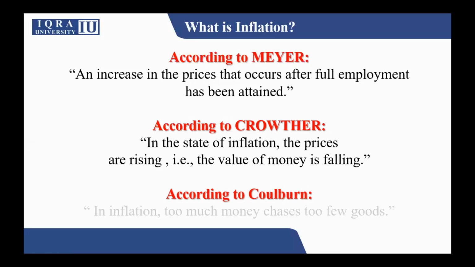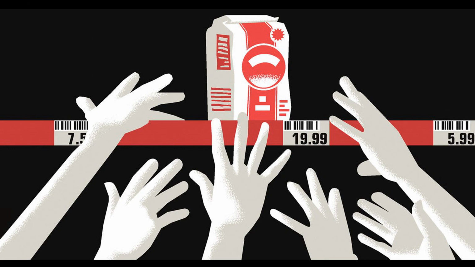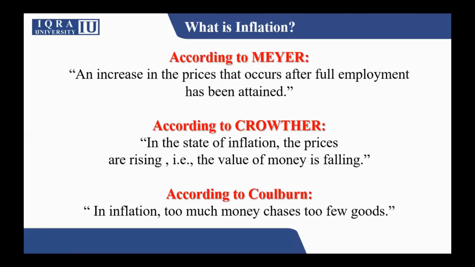According to Colburn, in inflation, too much money chases too few goods. It means that people have more money and are trying to buy goods. So it's a kind of demand-side inflation, which will be discussed at the end of the aggregate demand and aggregate supply chapter, demand-pull inflation.